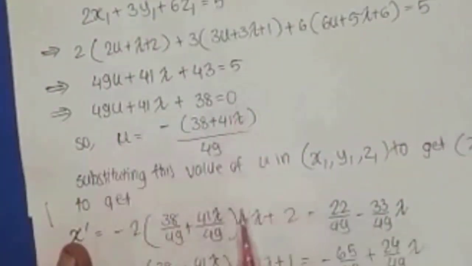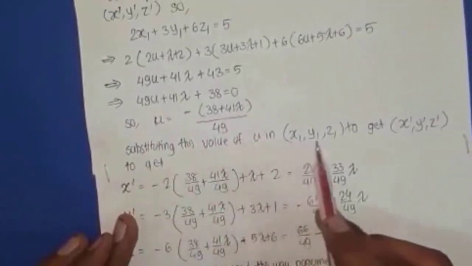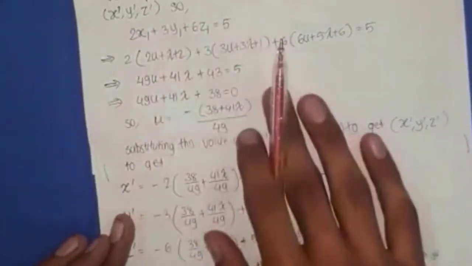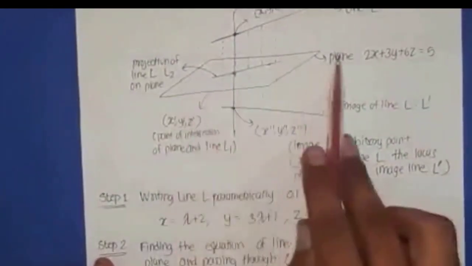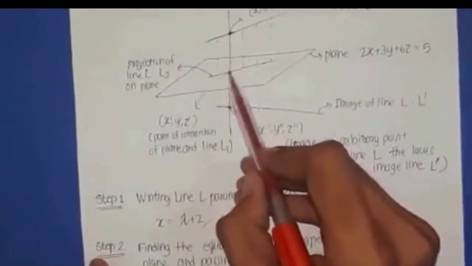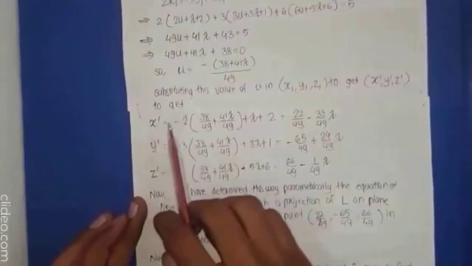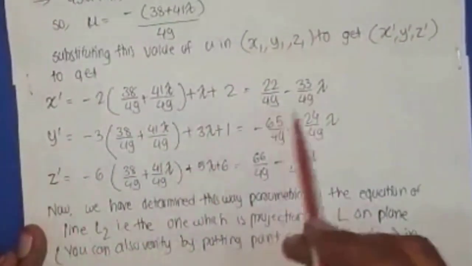Now substituting this value of mu in x1, y1, z1, we get x dash, y dash, z dash, which is the point of intersection of this line and this plane. After simple substitution you get x dash, y dash, z dash parametrically in this form.